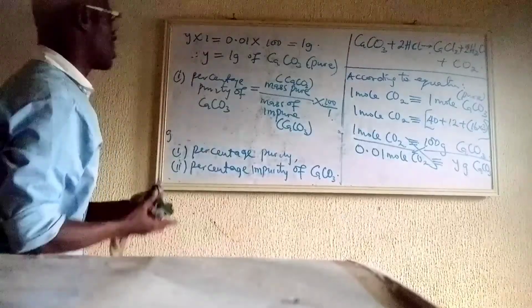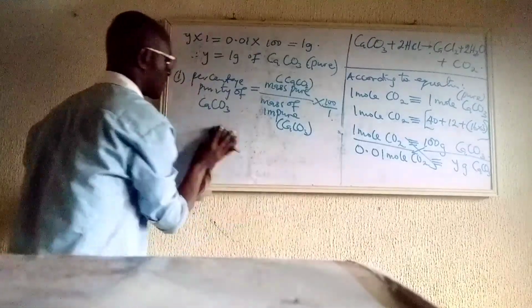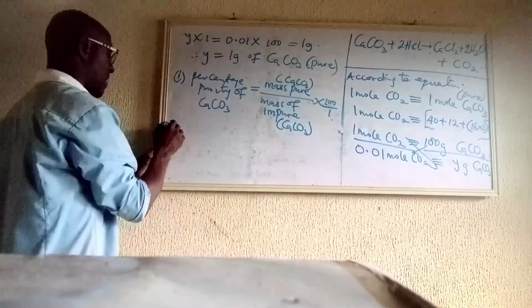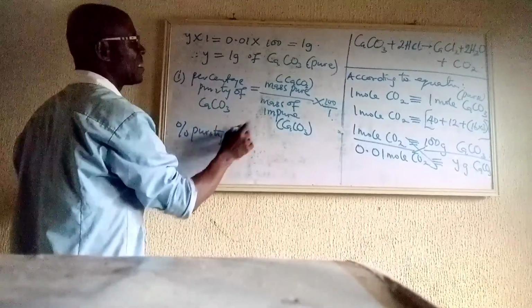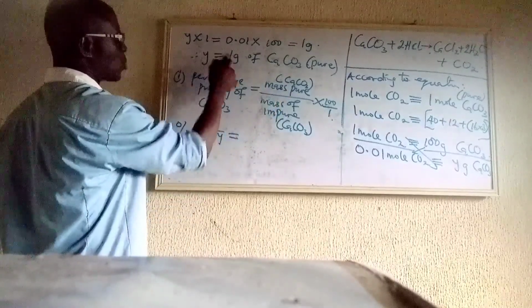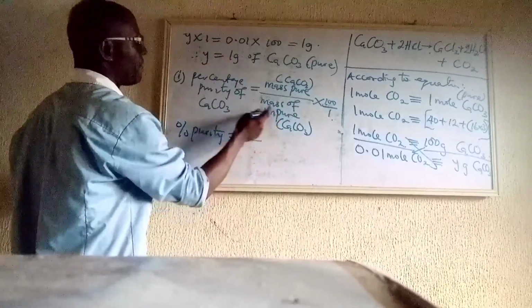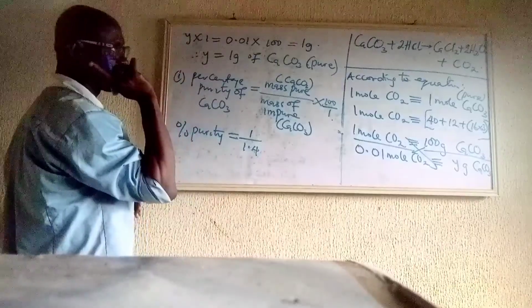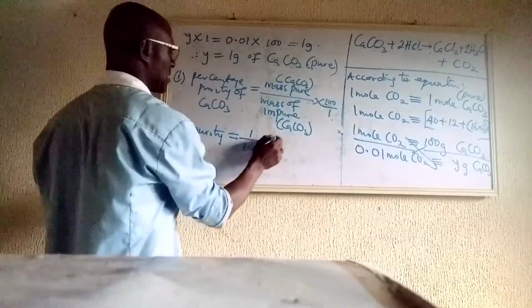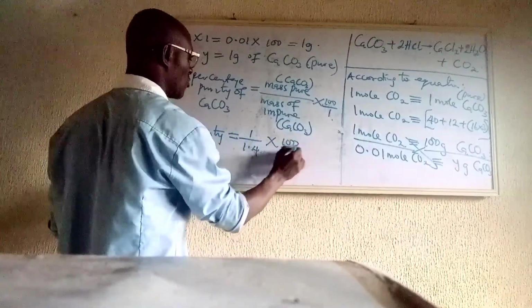By substitution now, percentage purity will be, what is the mass of pure? That is 1. Mass of impure is given to be 1.4, according to the information we have in the question, times 100 over 1.